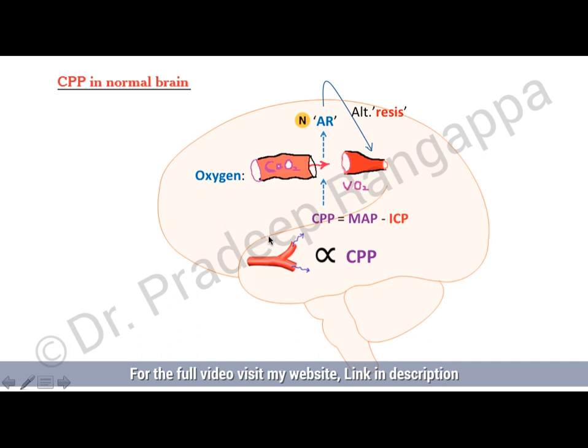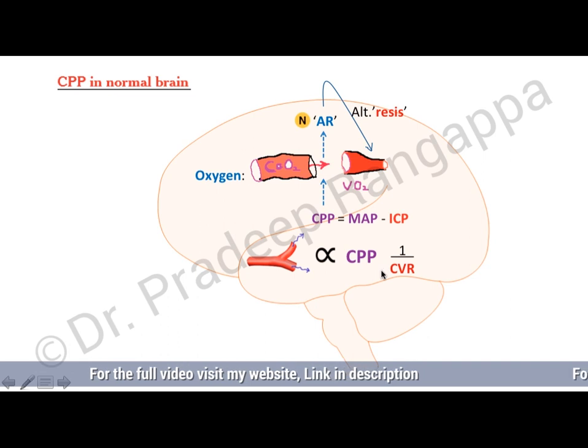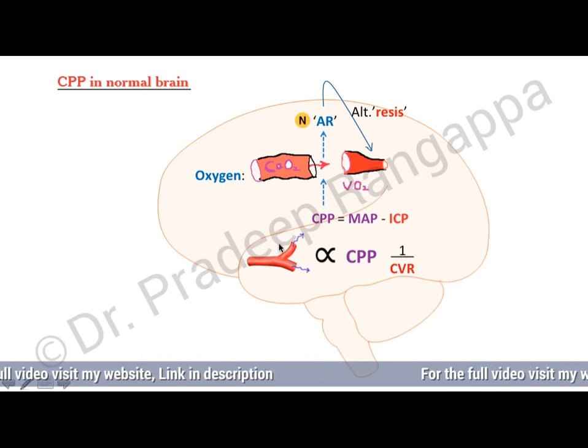And as I mentioned, if we believe that cerebral blood flow has a linear correlation with cerebral perfusion pressure, there is another important factor to which it is inversely proportional. Cerebral blood flow is inversely proportional to cerebrovascular resistance. Obviously if your cerebrovascular resistance is high, then your cerebral blood flow is low. If resistance is low, then your cerebral blood flow is getting better. So this is the relation we have understood.